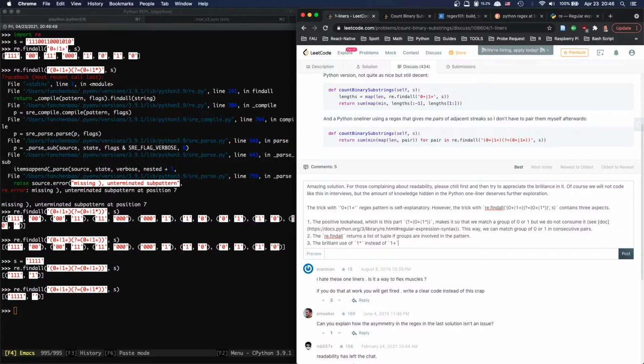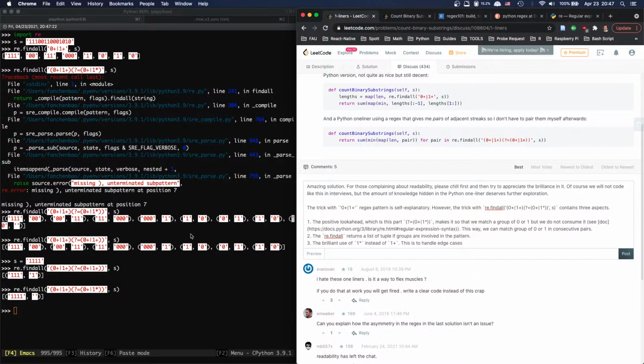The brilliance of this is that this is to handle the edge case, because we try to match 1 because it's greedy. Yeah, it wants to match. It wants to look ahead. This is to handle edge cases.